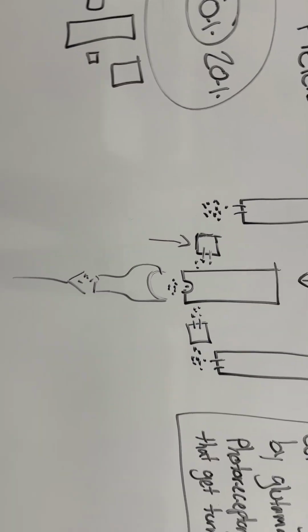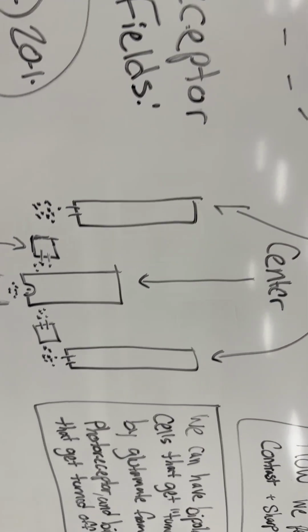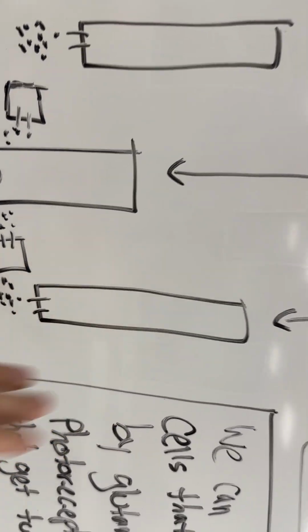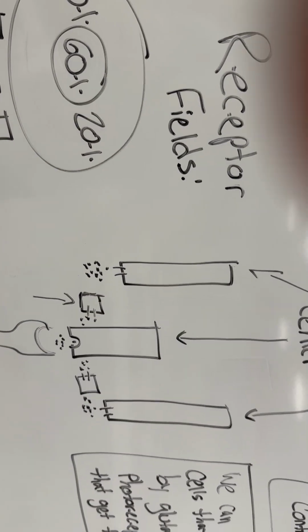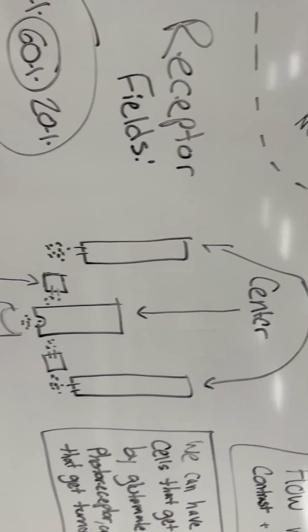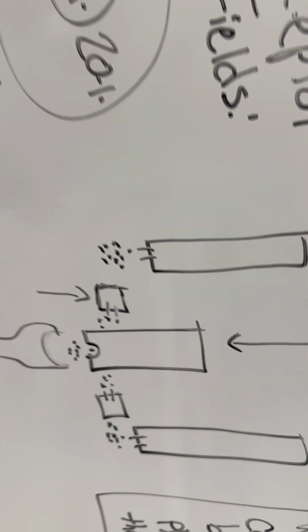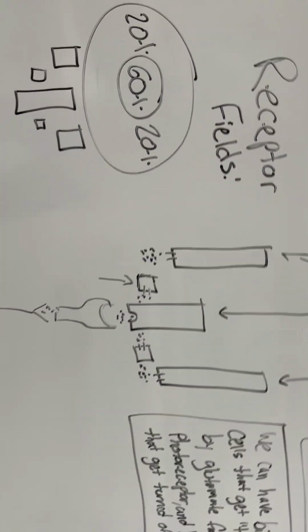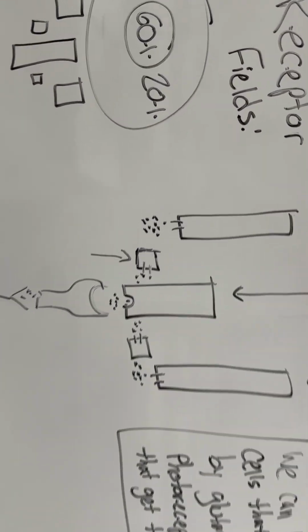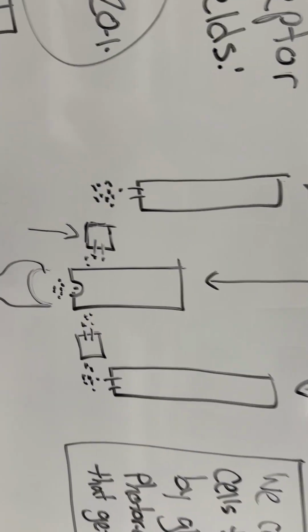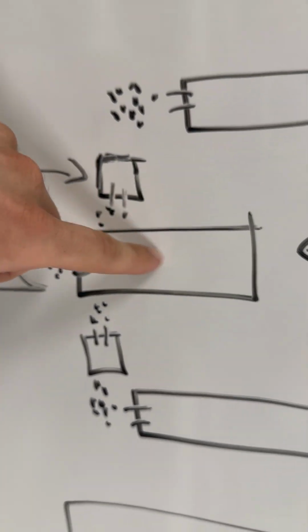And then if we have darkness on these 2 surround cells here, what's gonna happen is that since dark releases glutamate, we're gonna release glutamate here onto these horizontal cells. And glutamate being released onto these horizontal cells is going to cause GABA to be sent to the center cell here.